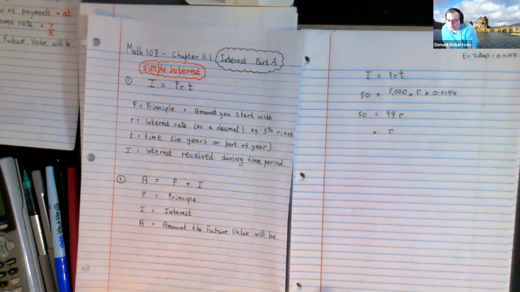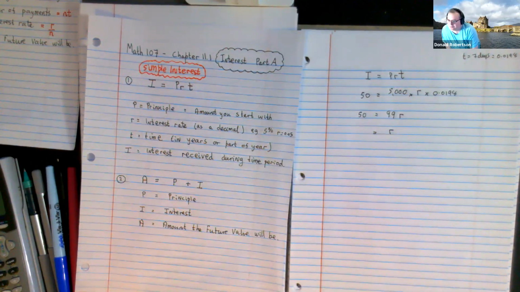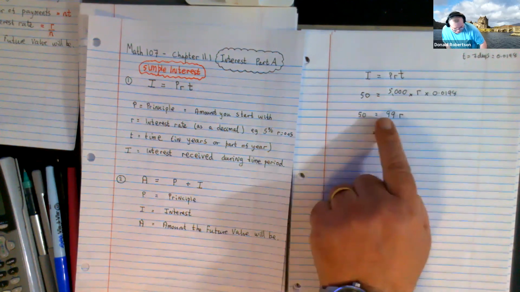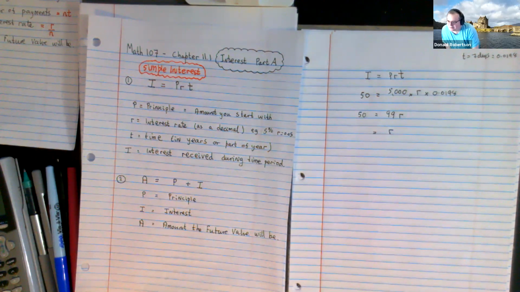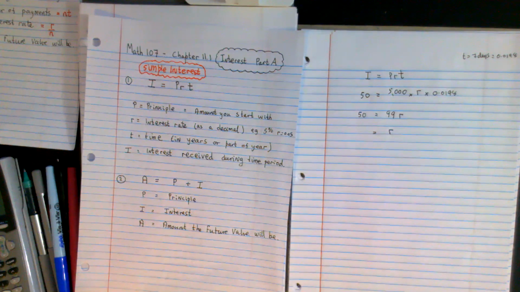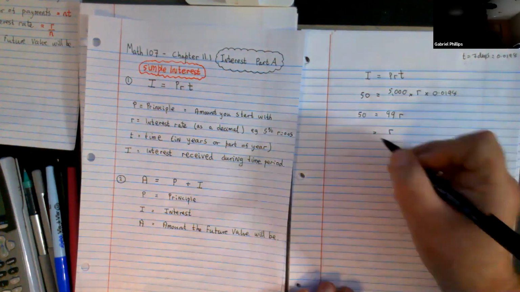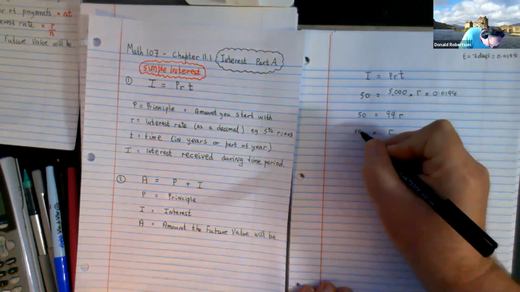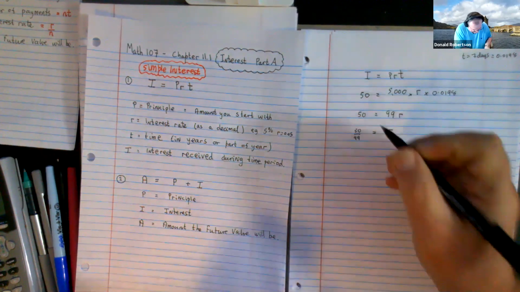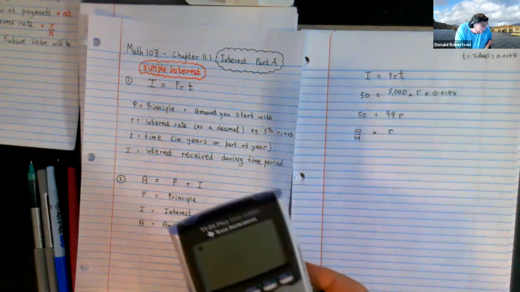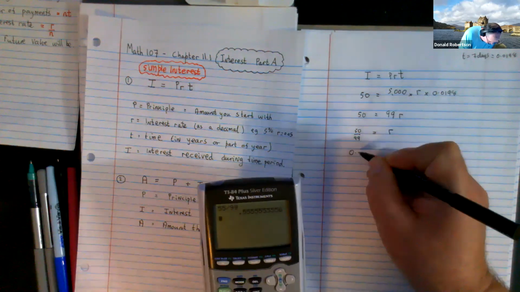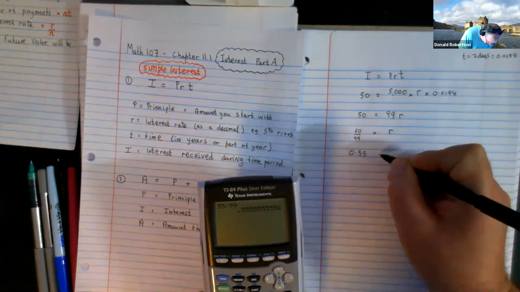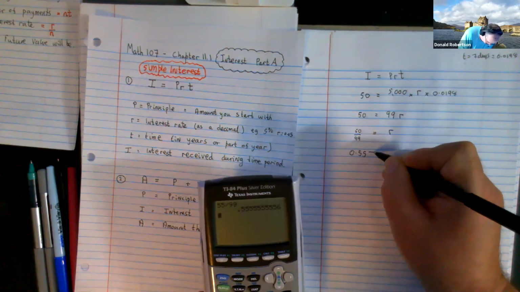What do I need to do to both sides to find R? Divide. So I'm going to divide both sides by 99. And the answer I get is 0.55, so I'll just call it 0.55 because I've rounded off other places.